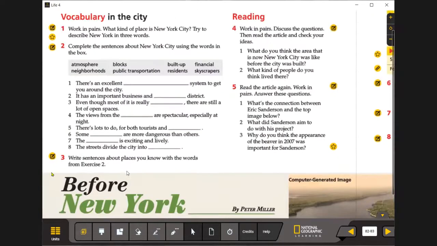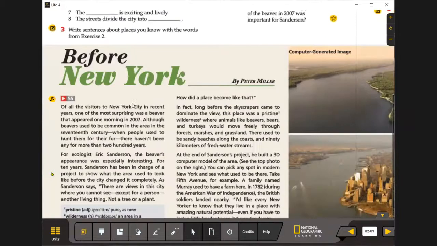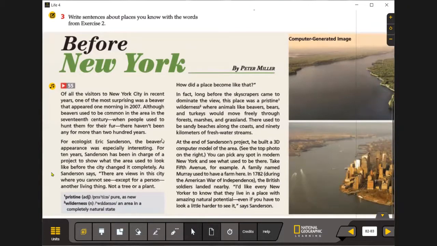Okay, good. Well, very quickly, let us just check this little passage, which is before New York. Those people who were in level 4 with me have already read this passage. You probably don't remember, but yes, you have read it. Well, so right now, 1, 2, 3, I need 4 volunteers, please, to read.